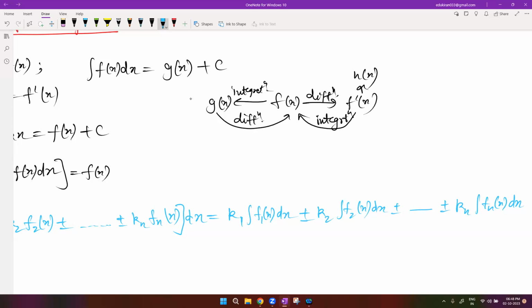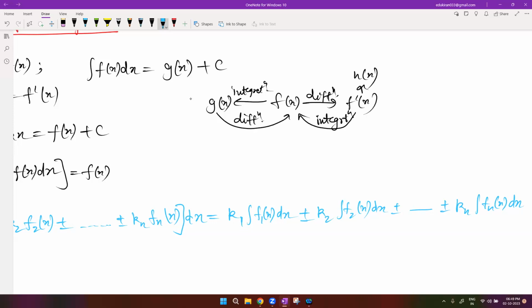Now, if you multiply the whole function f1(x) with k1 and you try to find the integration, then you simply find your f1(x) integration and multiply the whole thing by k1. So whatever integration was for f1(x), k1 times f1(x) will have the same integration, multiplied by the constant. So this is why integration is distributed over scalar multiplication.